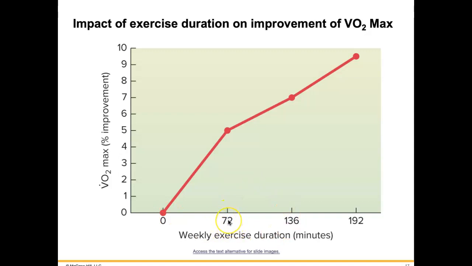So we had 72 minutes per week, 136 minutes per week, and 192 minutes per week. What we saw is as we started to increase the duration, we saw improvements in VO2 max. And you could see that this happened the most, because our slope is the greatest here, for people that went from no exercise to doing at least 72 minutes per week.